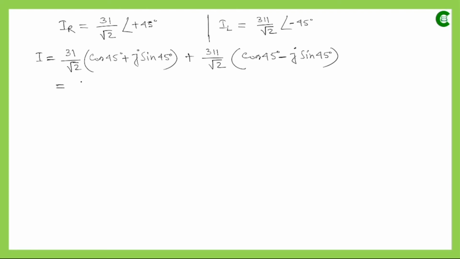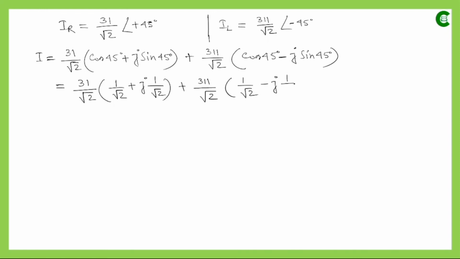So 31 by root 2 and inside, if we substitute the values of cos 45 and sin 45, we know both values are 1 by root 2, so it will be 1 by root 2 plus j 1 by root 2, and in the second part it will be 311 by root 2, and cos 45 is again 1 by root 2, minus j sin 45 is again 1 by root 2.